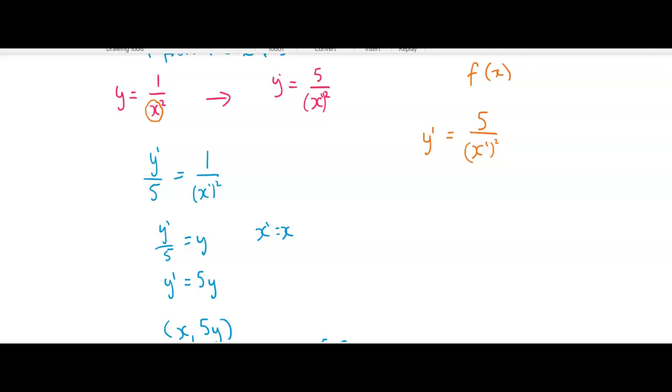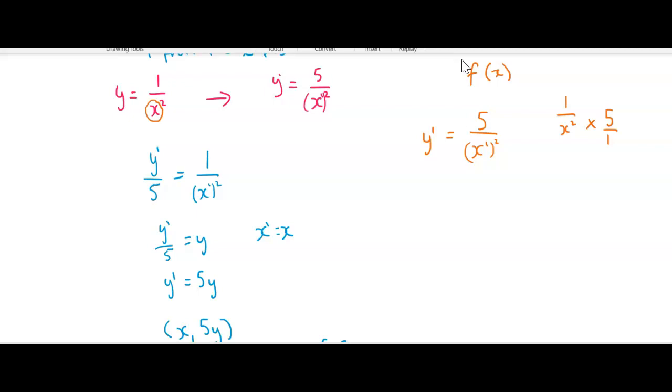Now, if you think of your fraction rules, this is the same as 1 over x squared times 5. Remember, when we do dividing fractions, we keep, change, flip.